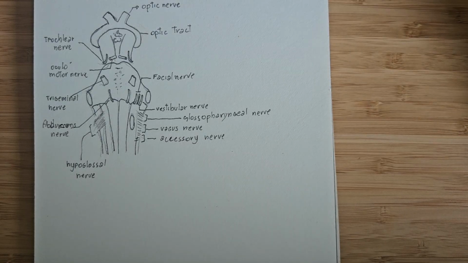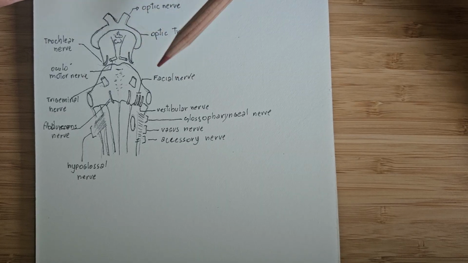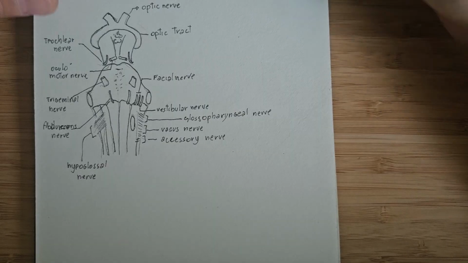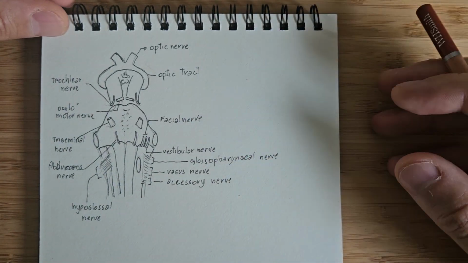Bell's palsy is a common condition caused by inflammation or compression of this nerve, which leads to facial weakness or paralysis. Let me just move downward. Is it better? I hope so.